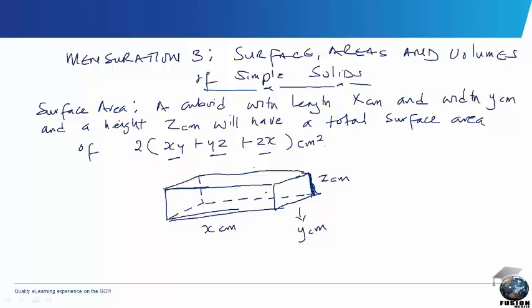Since there are 2 tops, 2 bottoms, and 2 sides each, that is why you have this 2 multiplying the possible surface areas. So that's why we have the total surface area. That's the number 1 property I would like you to note.